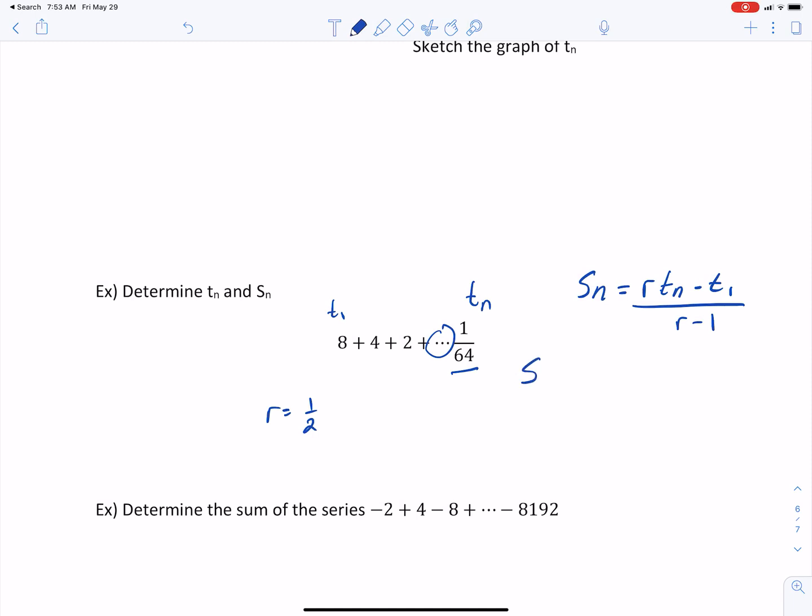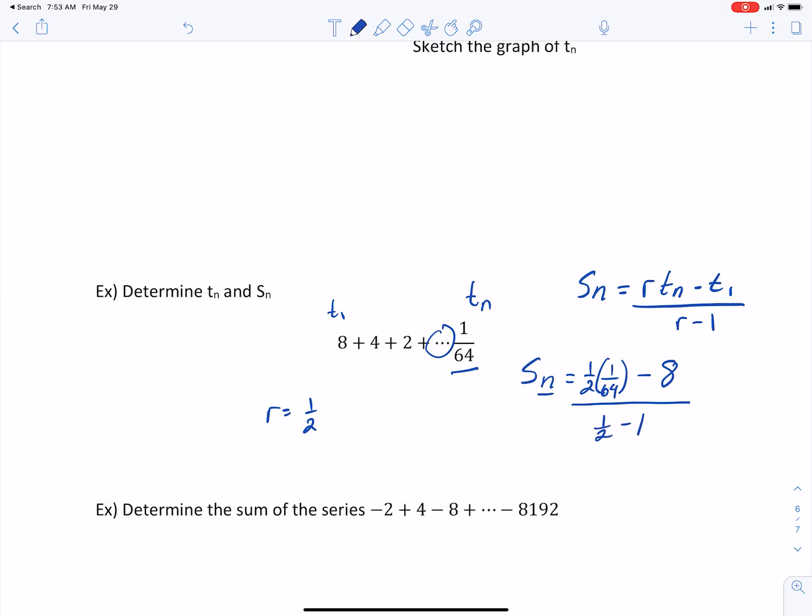So my calculation for the sum of n terms, whatever n is, I don't know, is 1/2 times term n. I made a mistake there. Times 1 over 64 minus term 1, which is 8, divided by r minus 1.